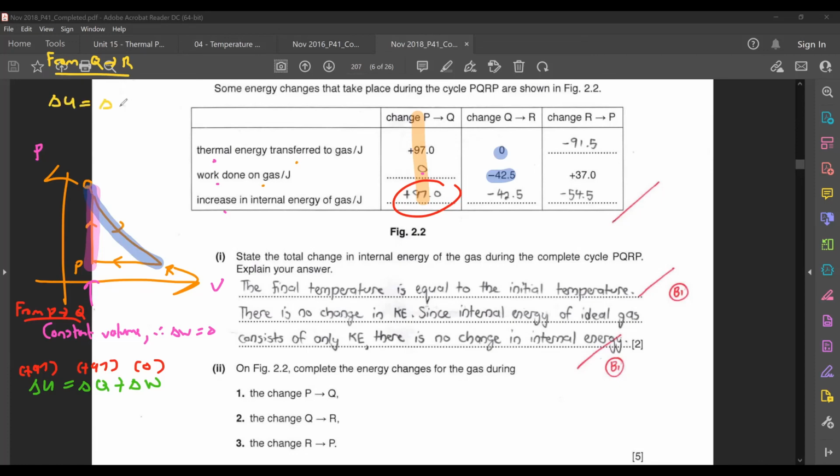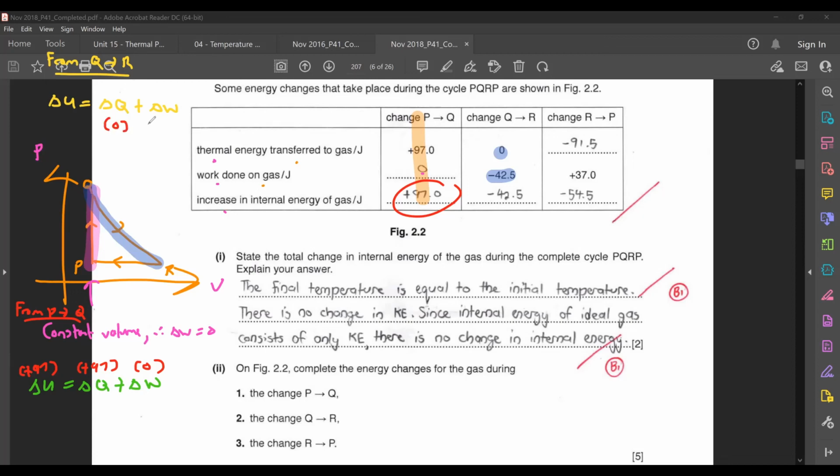Delta U is delta Q plus delta W. Your delta Q is 0.